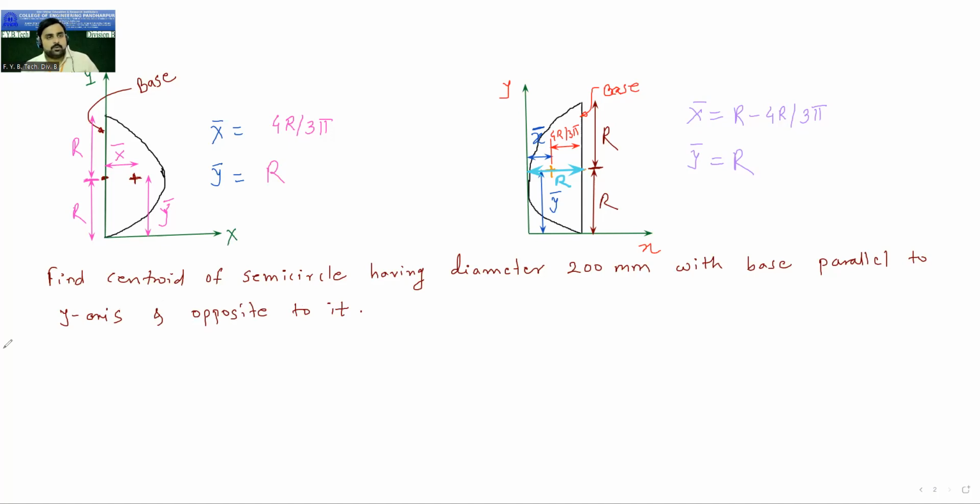So this is the given problem. Find the centroid of the semicircle having diameter 200 mm with base parallel to y-axis and opposite to it.